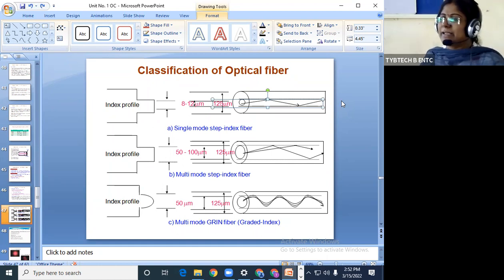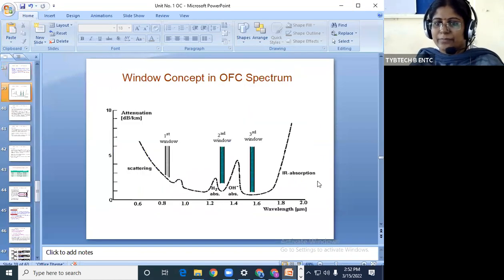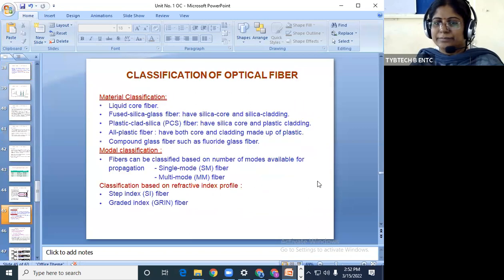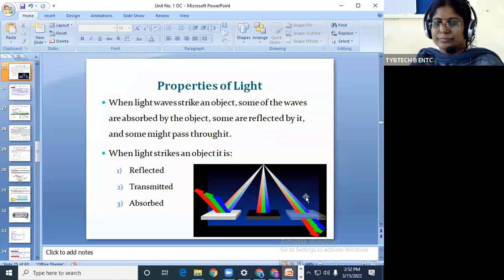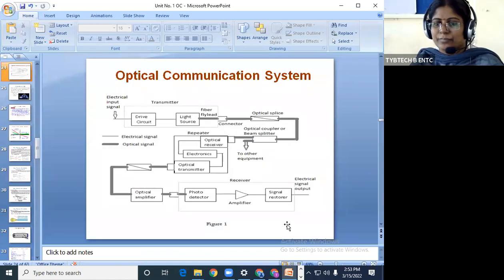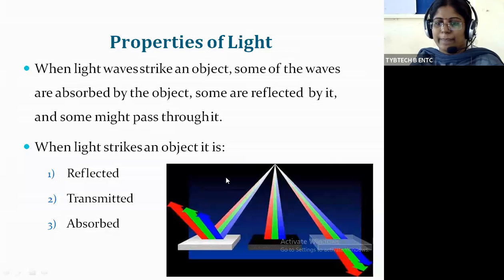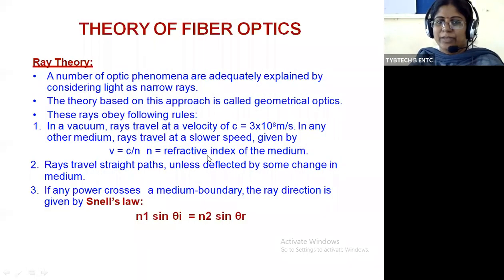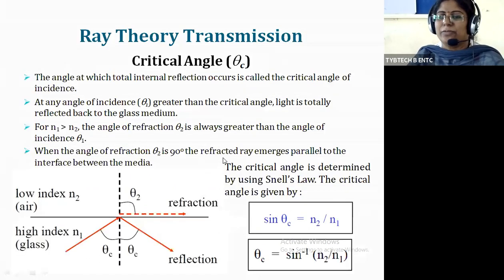What are the conditions for that, we have to see in ray theory of light. Now the first basic condition for total internal reflection is, which you can see here. So the basic concept here is, the refractive index of core should be greater than the refractive index of cladding.